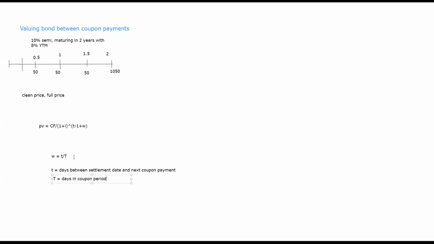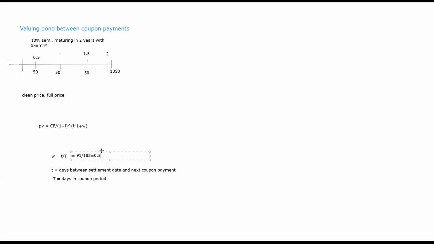So in this case, let's suppose this is exactly halfway. Halfway is basically 91 days divided by, since it's semi-annual, 182 days. What you will get is 0.5. So your W is 0.5. Remember, our calculated W is 0.5.